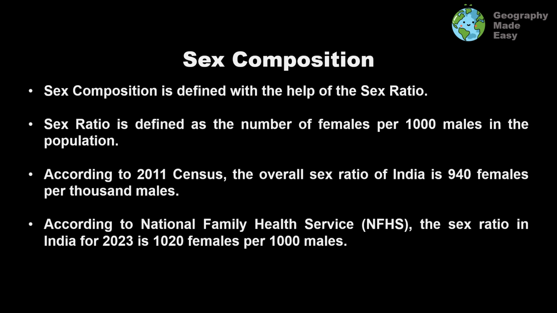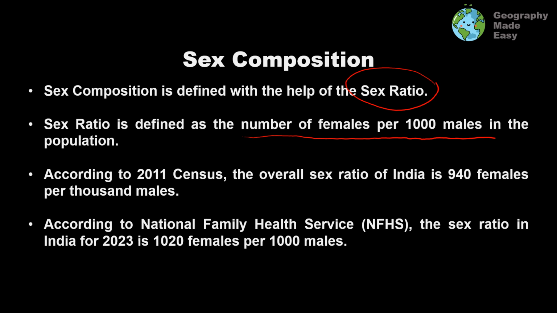Now this specific metric, sex ratio, is a very important metric in understanding how developed a country is. We will come into that. So sex ratio is defined as the number of females per thousand males. So we have the total number of females per thousand males in the population.